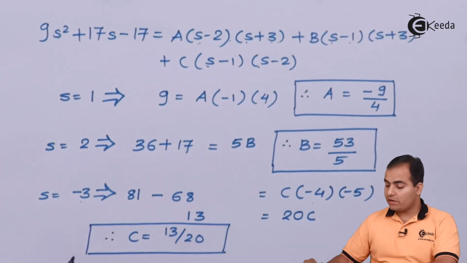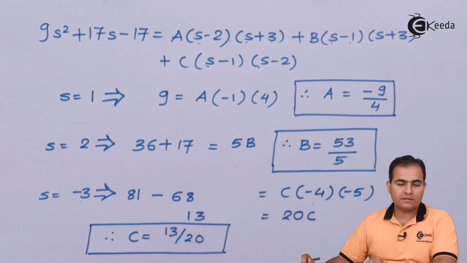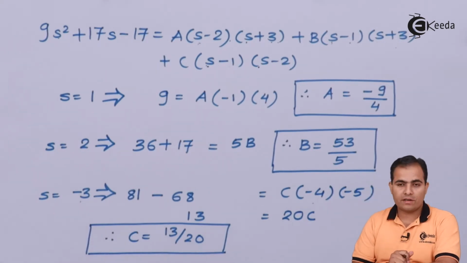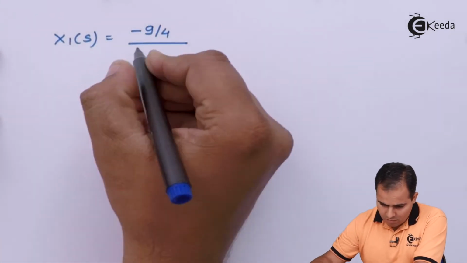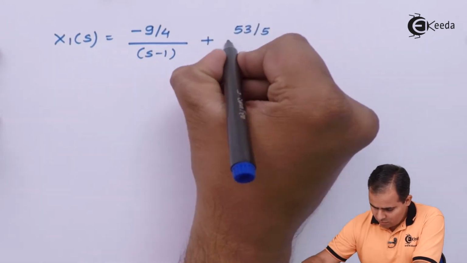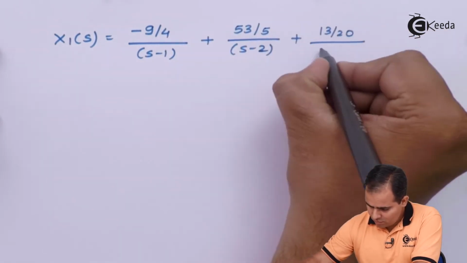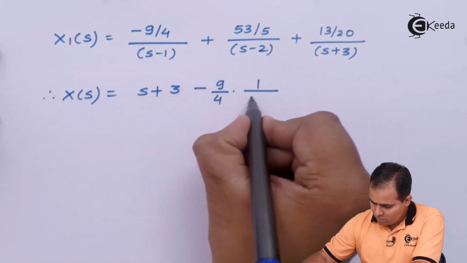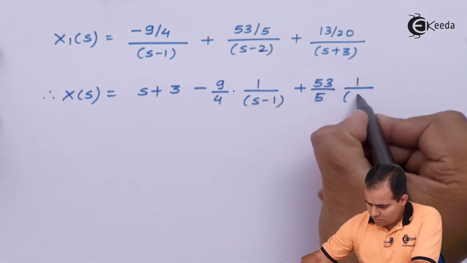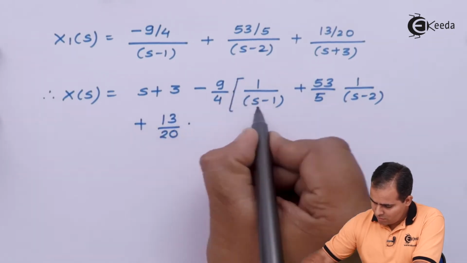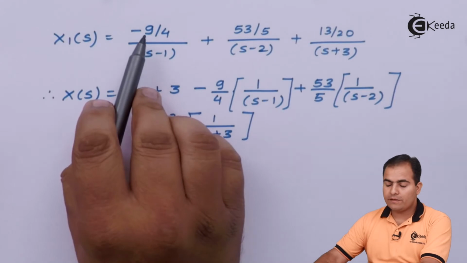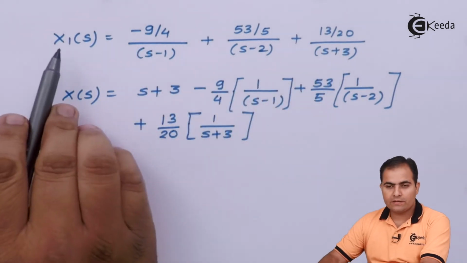Now I'll substitute all the values of a, b, c in my X1 of s, and then I'll substitute the X1 of s value in X of s, and then we'll move on to the inverse Laplace transform. Now I've substituted all the values of a, b, c in my X1 of s equation.